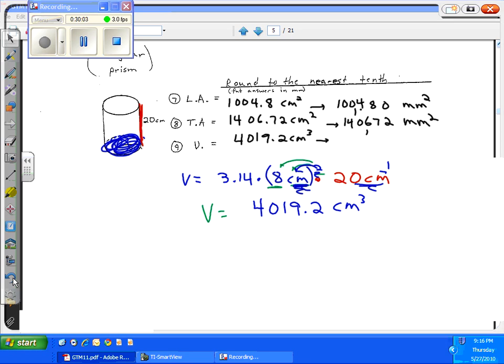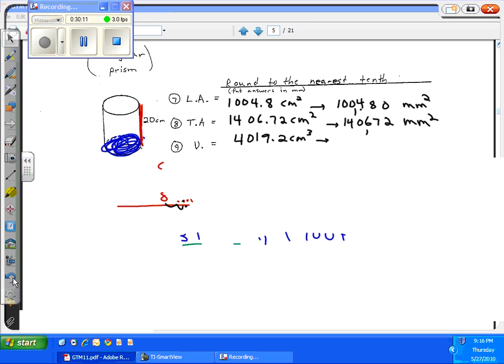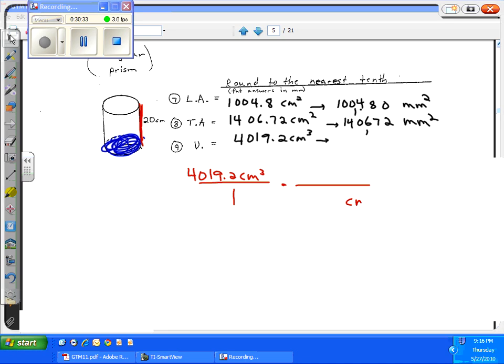But it didn't want the answer in cubic centimeters. It wanted the answer in cubic millimeters. And so we're going to start with the 4,019.2 cubic centimeters over 1. We're going to multiply such that we lose the name cubic centimeters and gain the name cubic millimeters.